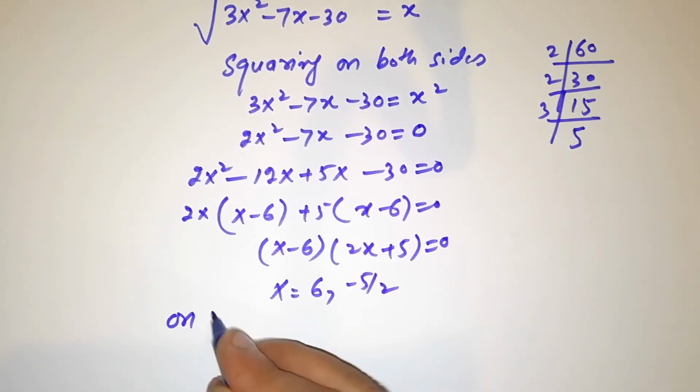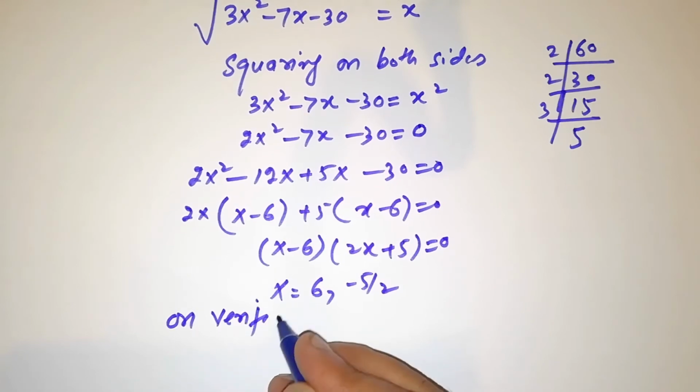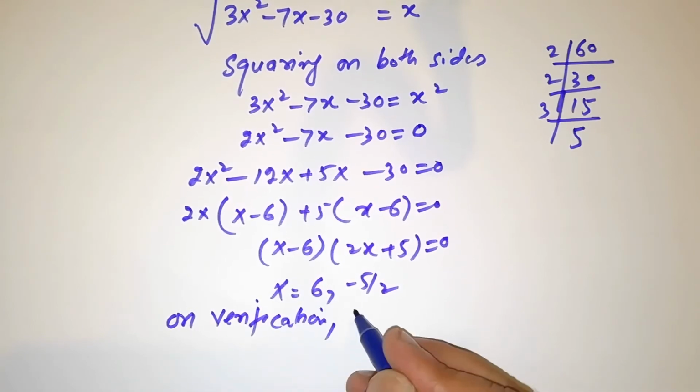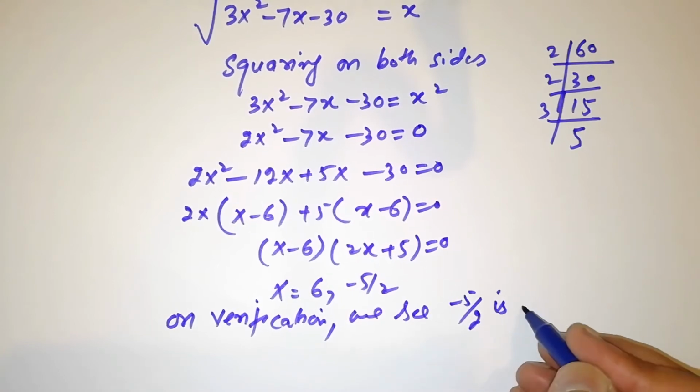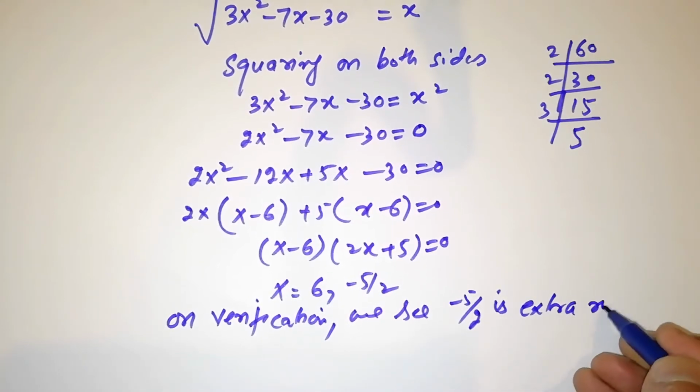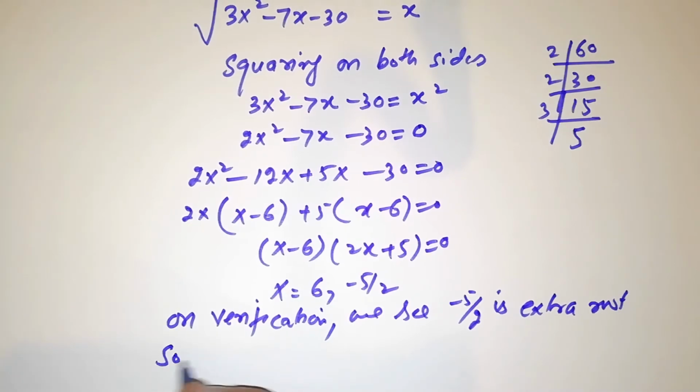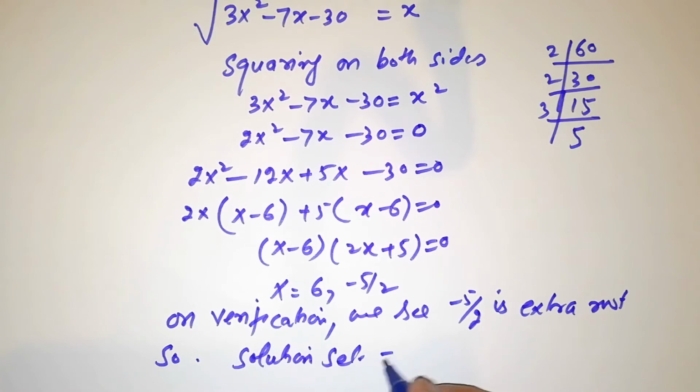On verification we see minus 5 by 2 is an extra root. So the solution set is equal to 6.